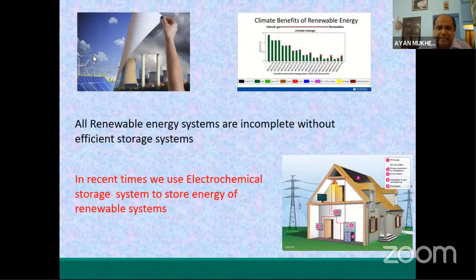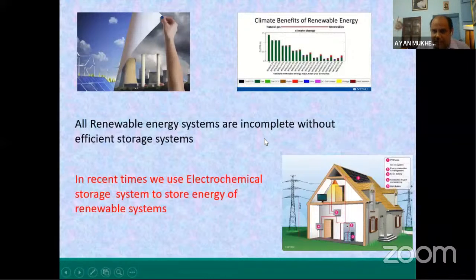From the graph, we can see that with the use of renewable energy sources, the amount of different poisonous gases which are harmful for our nature is decreasing day by day. But all renewable energy systems, whether they are solar systems or windmills, etc., are totally incomplete without an efficient storage system. So if we want to develop a good renewable energy system, then we have to develop an efficient storage system.